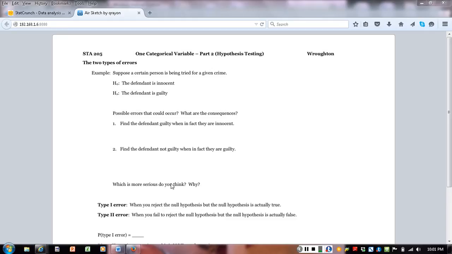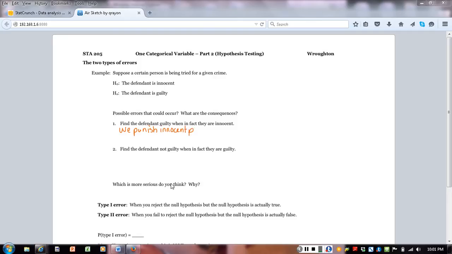Now in this situation, there are two possible errors that we could commit. So we could find the person guilty when in fact they really were innocent. So what would be so bad about that? Well, of course, we're punishing an innocent person, so that's definitely not a good thing.